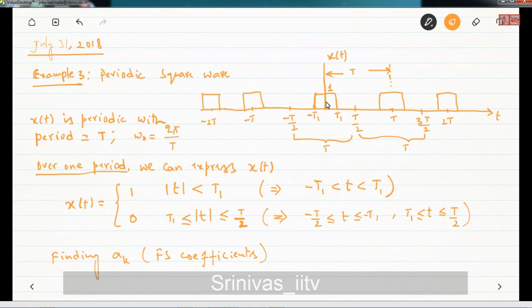I can integrate over this period between 0 to T, or I can integrate over minus T by 2 to plus T by 2, because all that I need to do is to integrate over one period. That one period is a duration of T seconds. That duration of T seconds in this waveform, I can take from minus T by 2 to plus T by 2, or from 0 to T, right?